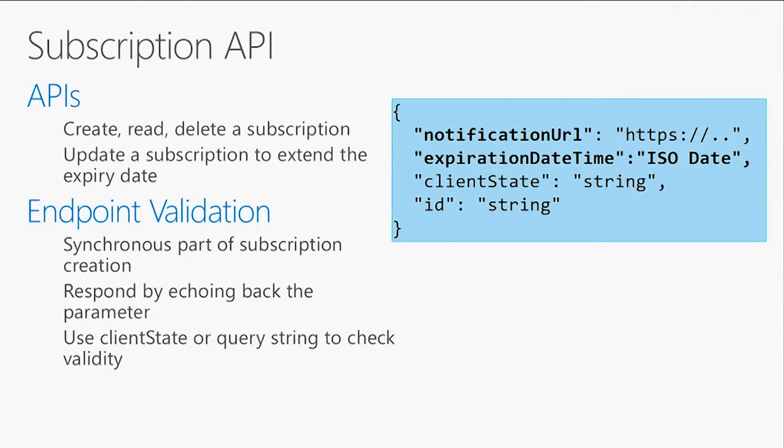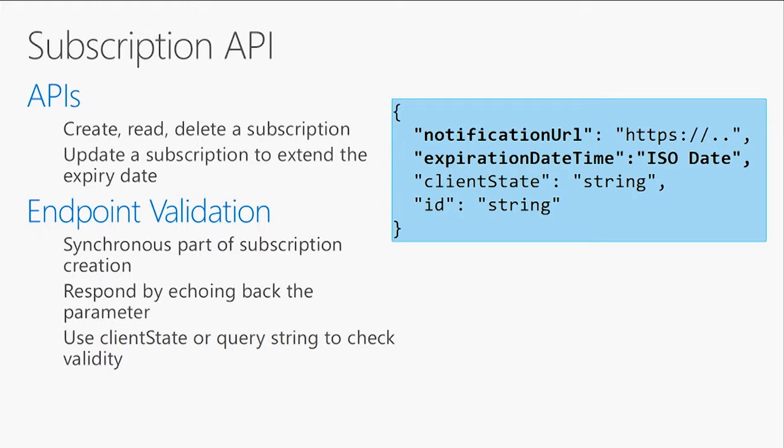Within the subscriptions API, you can easily create, read, and delete the subscriptions that are there by making simple API calls to the subscriptions collection. When you want to create a new subscription, you provide the notification URL and an expiration date time property that indicate what the URL is that we should notify and how long that subscription remains active.